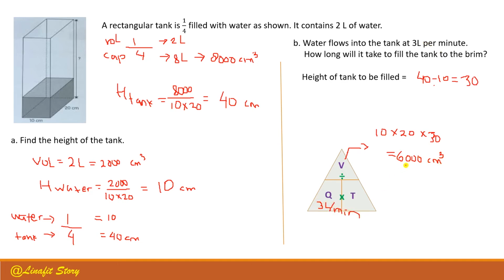So we should convert 6,000 cubic cm into liters. Is equal to 6 liters. So the time taken is 6 liters divided by 3 liters per minute is equal to 2 minutes.